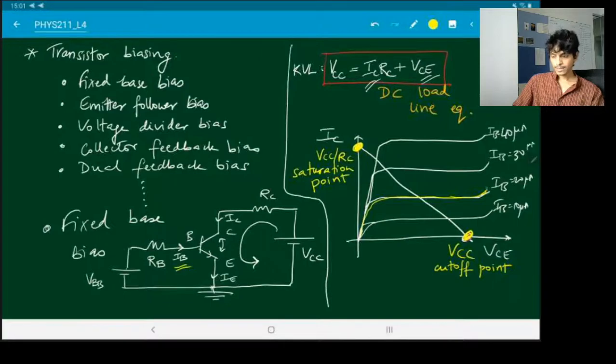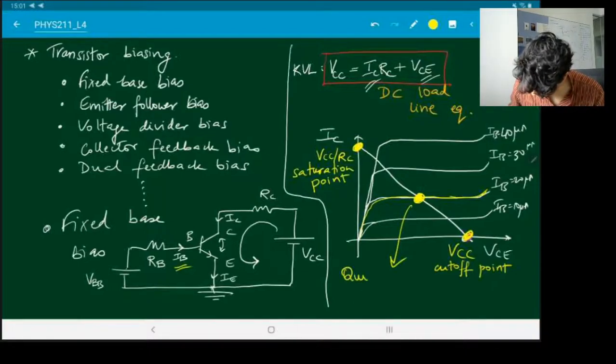Then essentially, I am saying that I am going to be operating at this point over here, because my circuit requires me to lie on this DC load line, and IB has been fixed. So this is the common point between those two plots. This point over here is called the quiescent point or Q point or operating point.